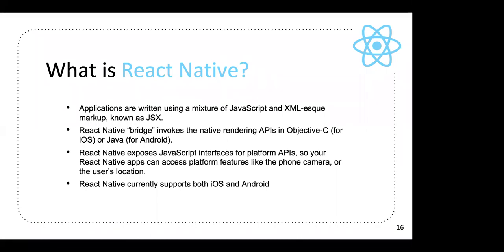React Native exposes JavaScript interfaces for platform APIs, so you can simply use plugins to access features like phone, camera, and GPS. You just need to download a module for your application, import it, and simply use it. React Native mainly supports iOS and Android.